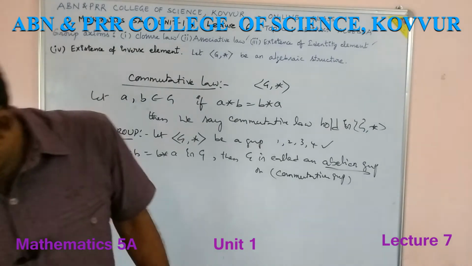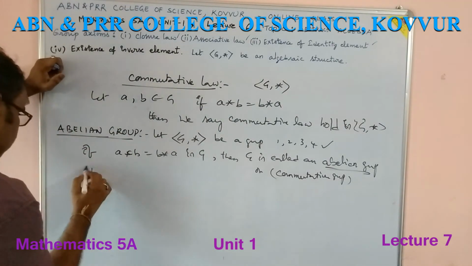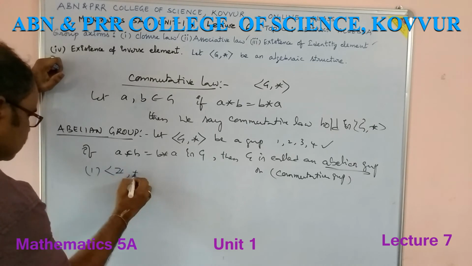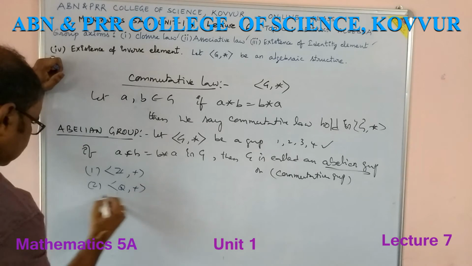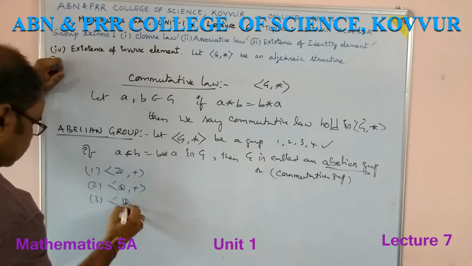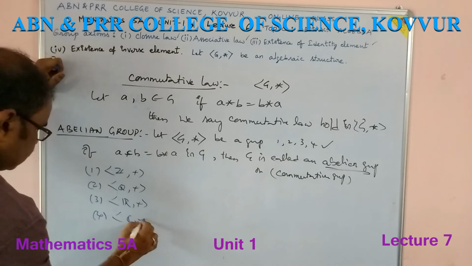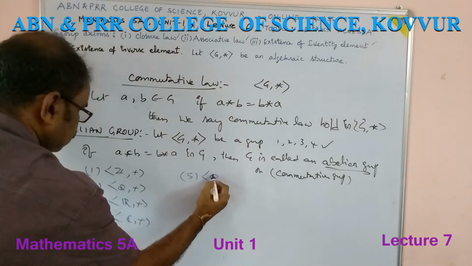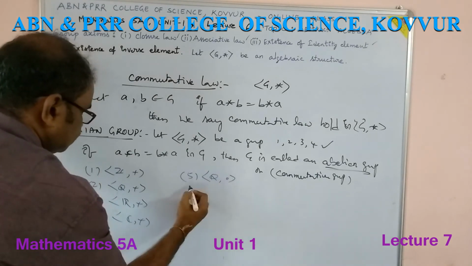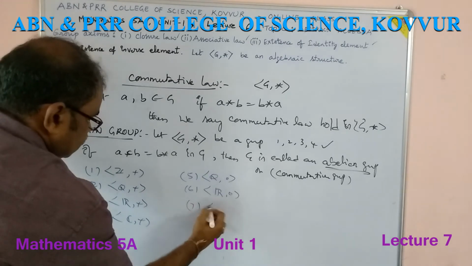Can we give some examples? Yes, we can. The group examples: Z plus, Q plus, R plus, C plus, and multiplicative groups Q dot, R dot, C dot.